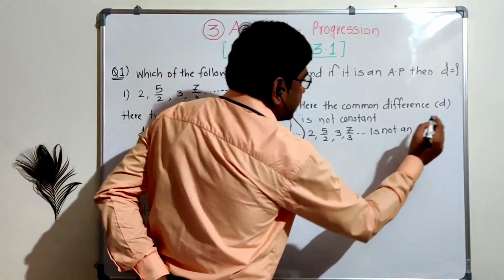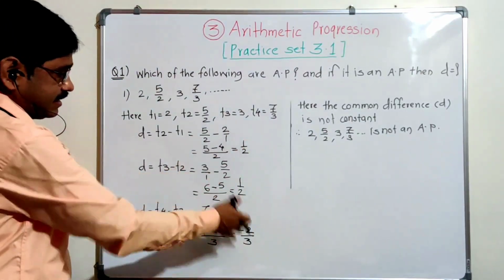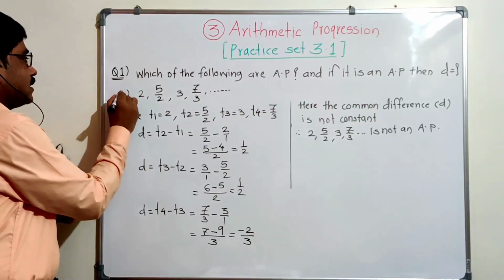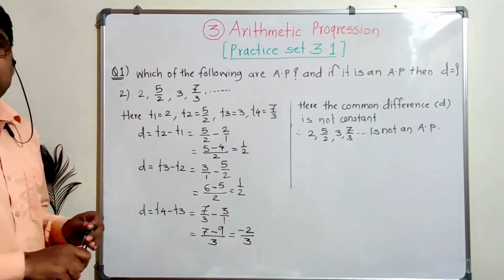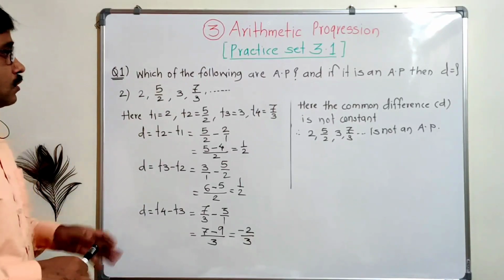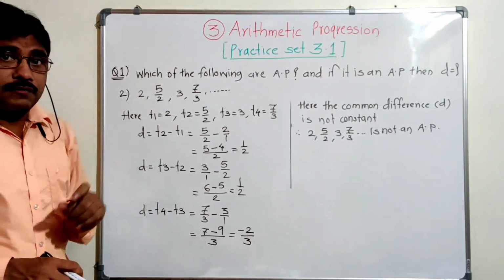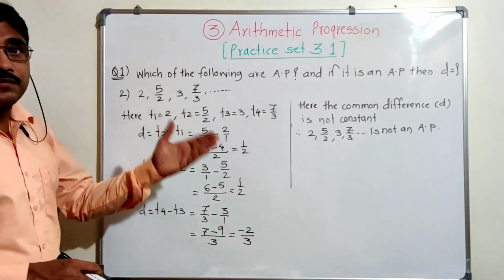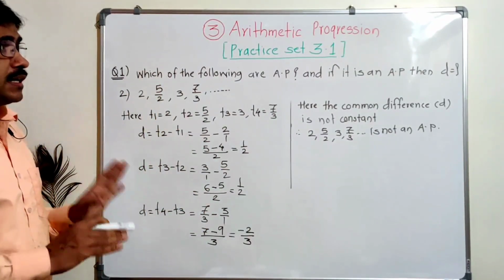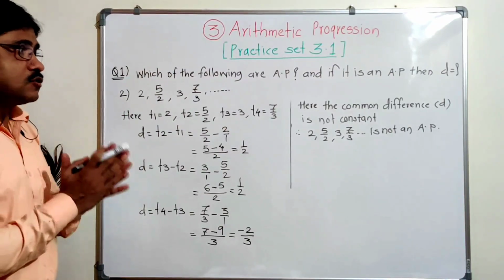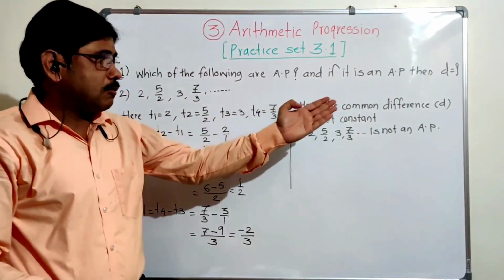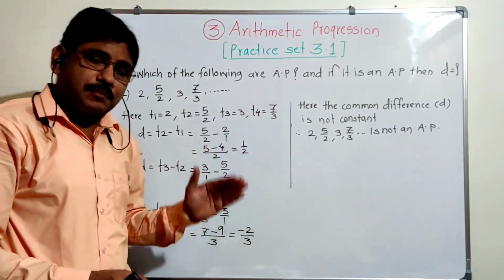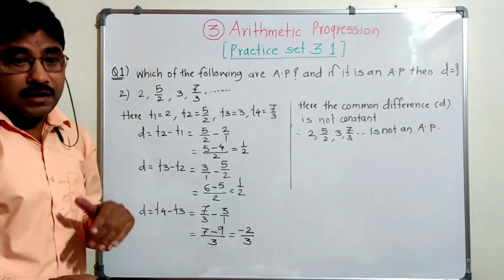And if it is not AP, no need to write D. So in this way, this is the second example from this question number 1. In this way we can decide whether the given sequence is an AP. Find the difference, and if the difference is constant everywhere, then we can decide. Here we can write our conclusion: the common difference is constant or not constant. If it is constant, then AP. If it is not constant, then not AP.